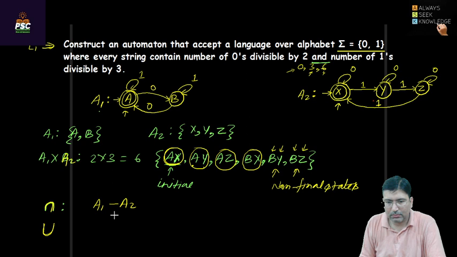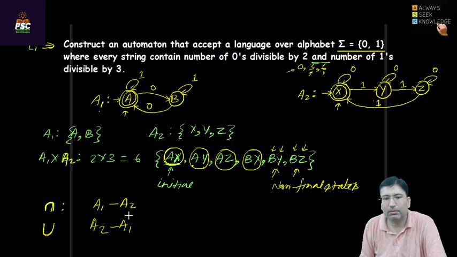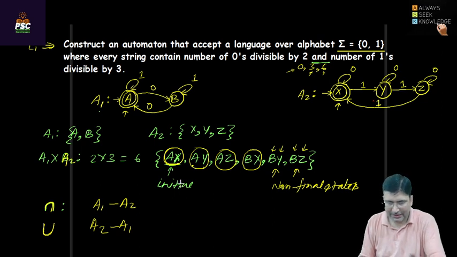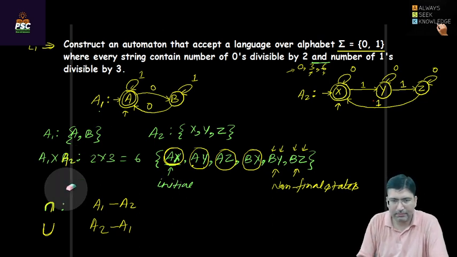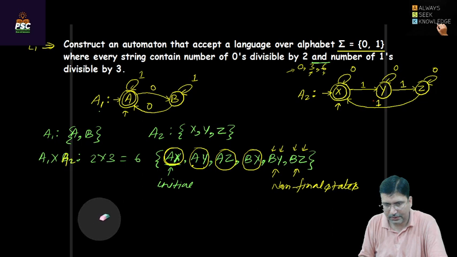So we need to accept all the strings that can be accepted by A1 but should not be accepted by A2, right? Similarly, if we perform A2 minus A1, then all those strings that can be accepted by A2 but need not be accepted by A1. Okay, so let's solve this question first and then we will discuss it further in detail.